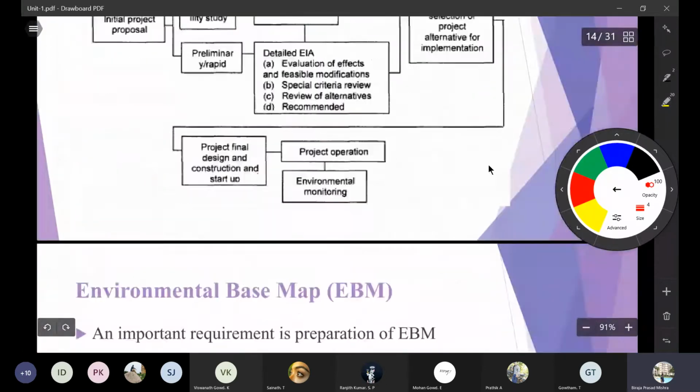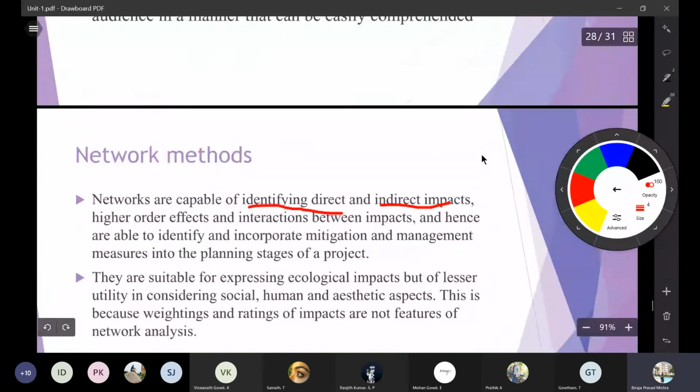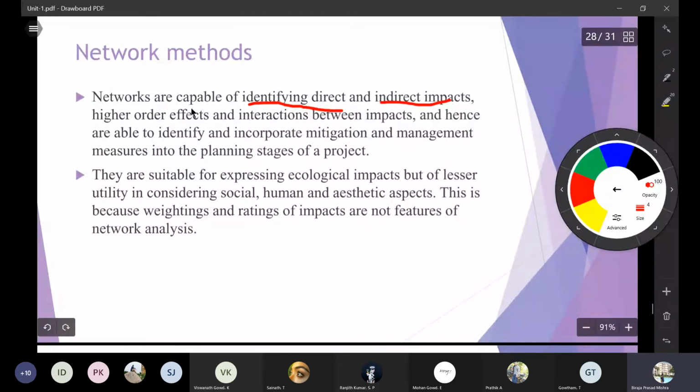So this method, the network method, is capable of identifying the direct and indirect impacts. It also is capable for higher order effects and their interactions between the impacts, and hence they are able to identify and incorporate mitigation and management measures into the planning stages of a project.